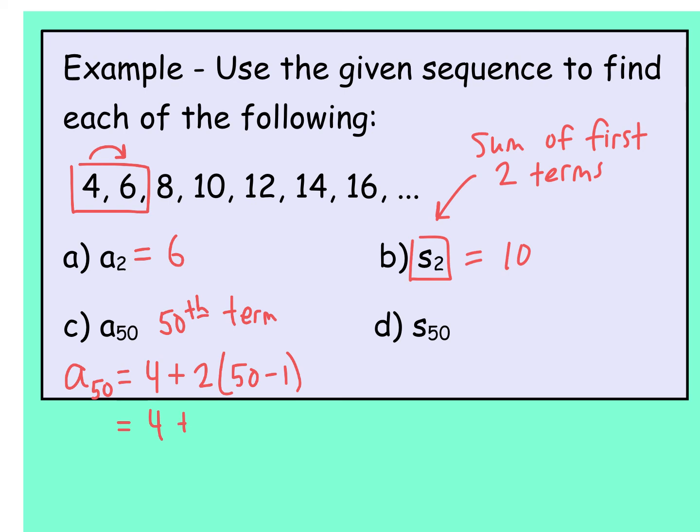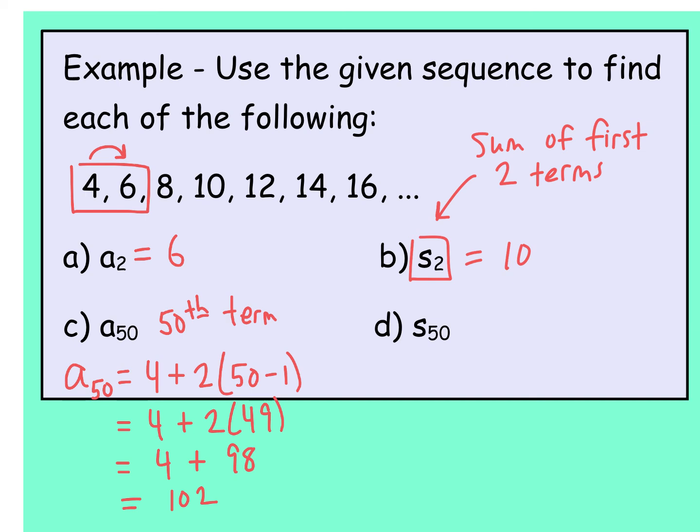So 4 plus 2 times 49. 2 times 49, of course, is 98. We have to do that multiplication first. So the 50th term is 102. That's just finding a term like we did previously.